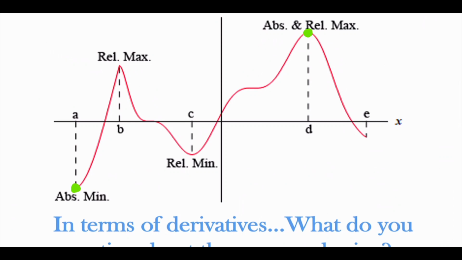Well, to go from positive to negative, what did I have to do? Go to 0, right? Right there. There's another one right there, and another one right there. Anywhere the derivative is 0 is what we call a critical value. So this guy's got a lot of critical values.